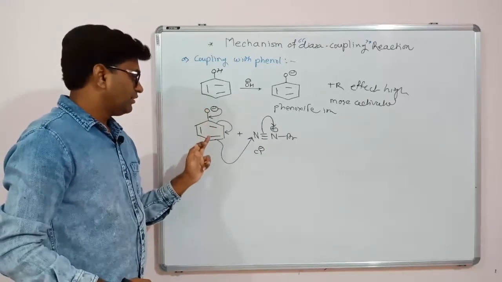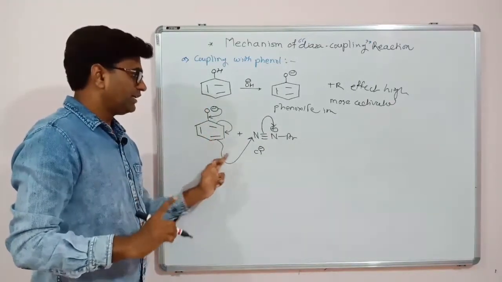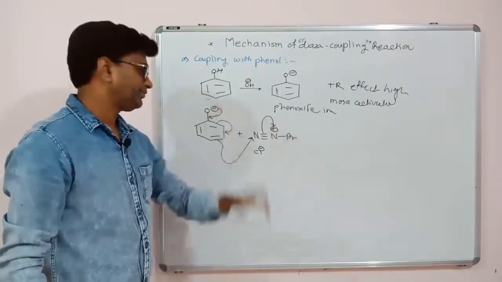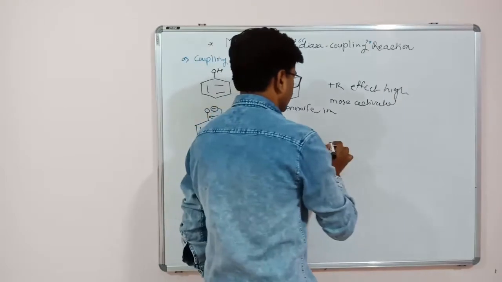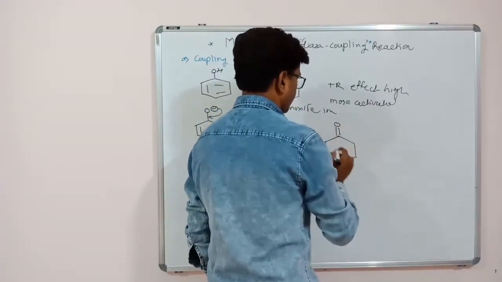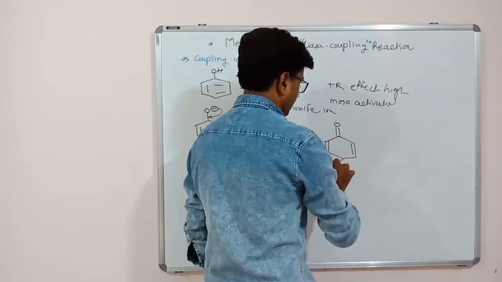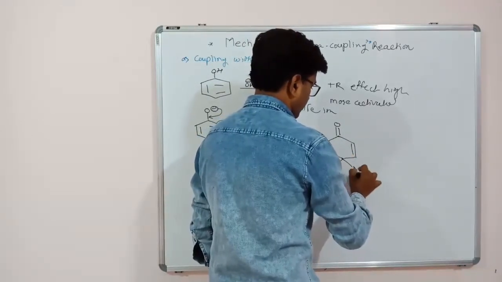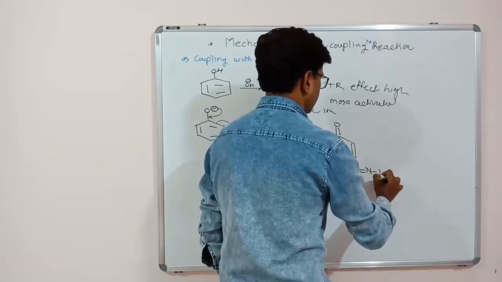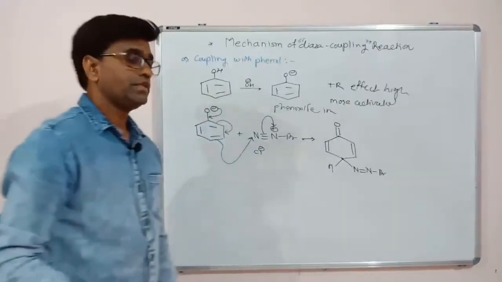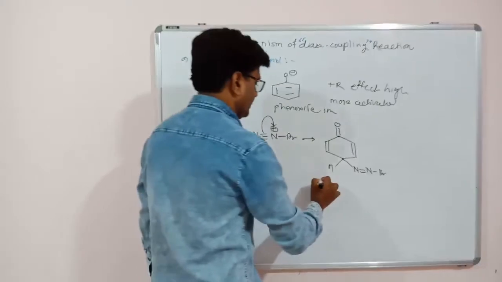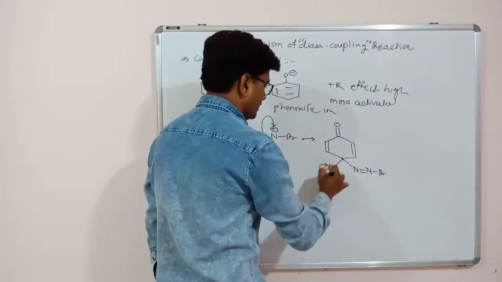In case of phenoxide, mostly the para carbon will attack the nitrogen. So at the para position there will be the azo coupling. So we will get this compound here. This is the double bond now. This is the sigma complex we will get. Now we have a base, that is Cl minus. Cl minus will abstract this proton.